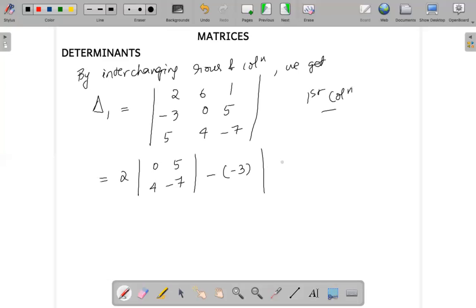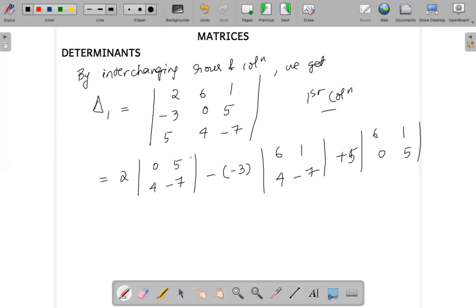So 6, 1, and 4, minus 7. And 5, 5. So 5, 6, 1, 0, 5.